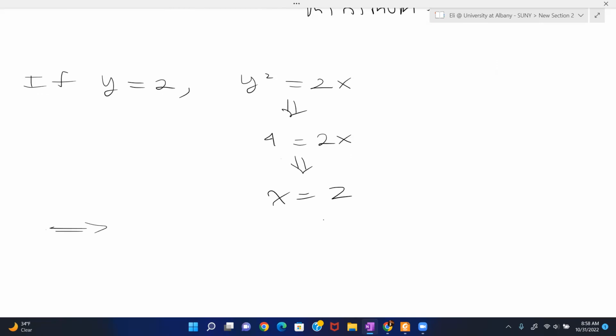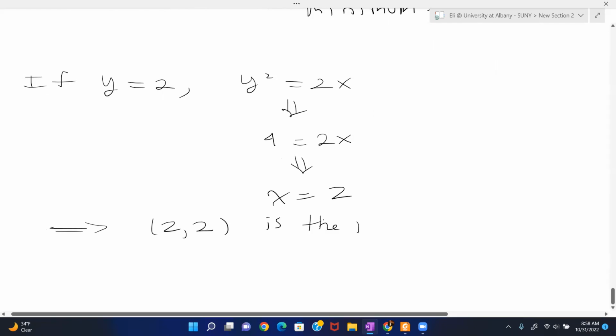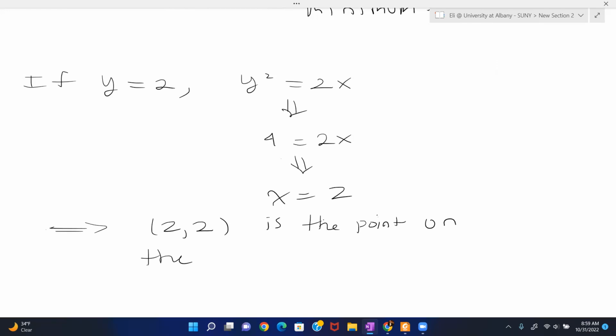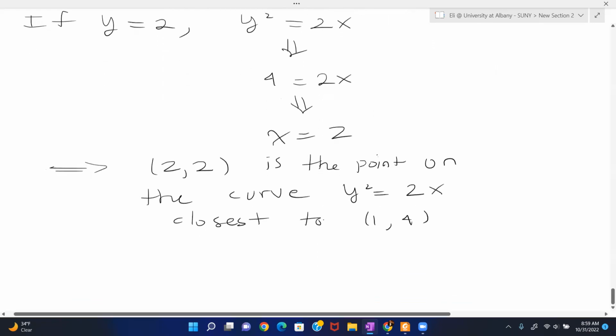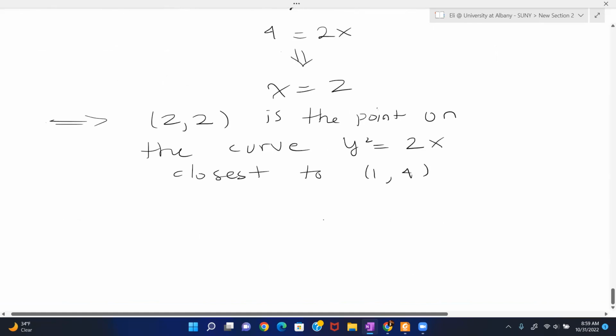So 2 comma 2 is the point on the curve y squared is equal to 2x closest to 1, 4, and with distance, we can actually say what the distance is.